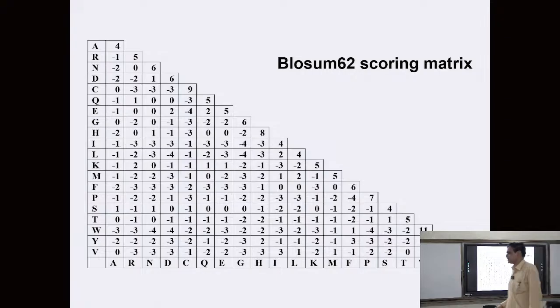So these matrices were used for scoring the alignments. But the challenge was, okay, you are given the matrices and then you can score the alignments. So given two sequences, there could be many ways to line up, right? And once you have lined up, you can compute the similarity score for the alignment.